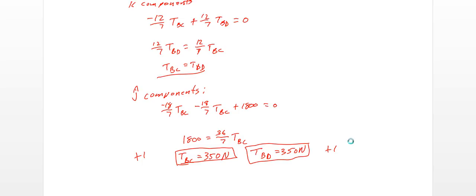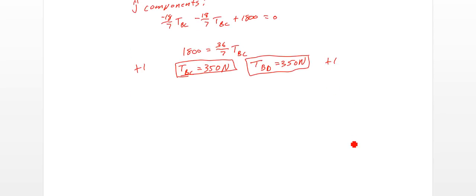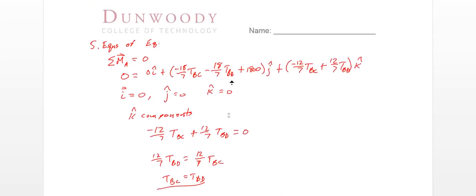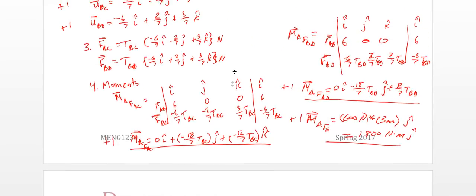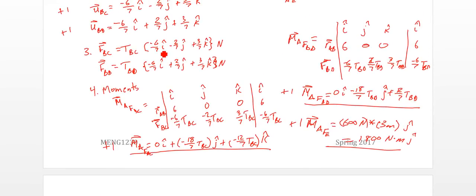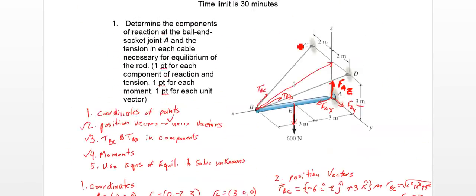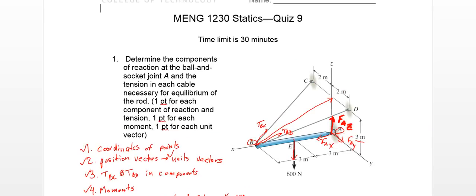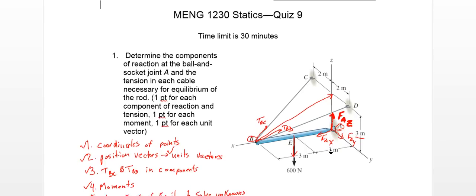And now we can do our equilibrium in X and Y forces. The sum of the forces in X equals 0. So what are X forces again? Let me scroll up. I've got it on my notes here as well. My X forces: I'll have -6/7 tension BC plus -6/7 tension BD. What else is acting in X? I only have this reaction force. This is all in Z, and these are in X and X. So only the reaction and those other two forces there.